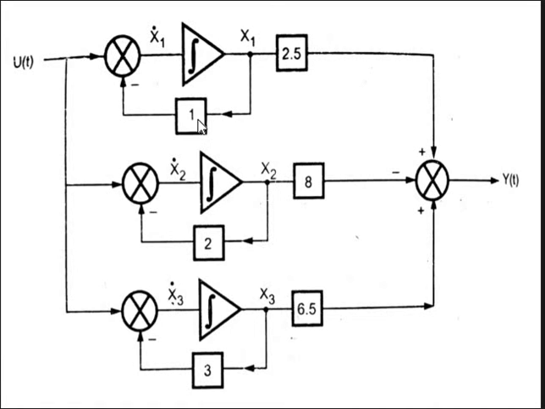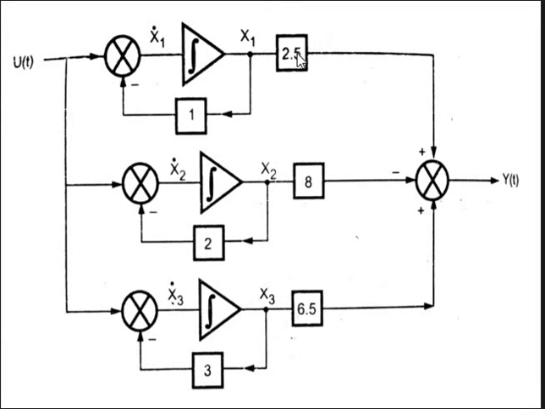A matrix is minus 1, 0, 0, 0, minus 2, 0, 0, 0, minus 3. That is the A matrix. And B matrix is a column matrix; only 3 blocks here, the 3 parallel blocks are there, so 1, 1, 1. And C matrix, here only 3 blocks are there, so C matrix is nothing but a row matrix.